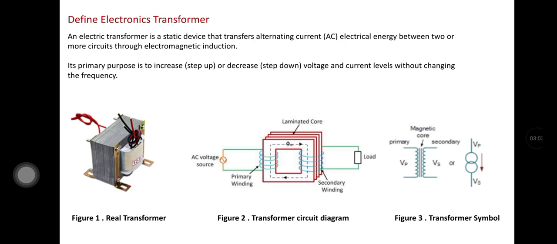Another figure is the structure of this transformer, how the primary winding is connected with the AC voltage source, and how the induced EMF, we call it flux, is induced on the laminated core, and after that the secondary winding is connected with the load.